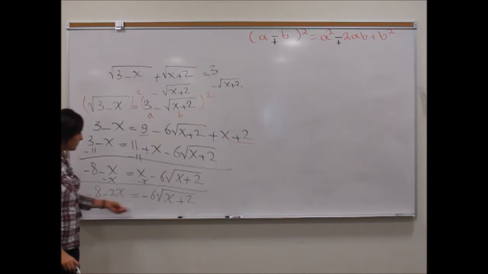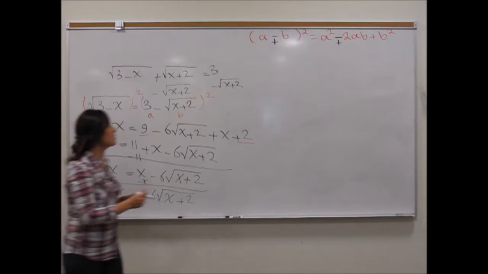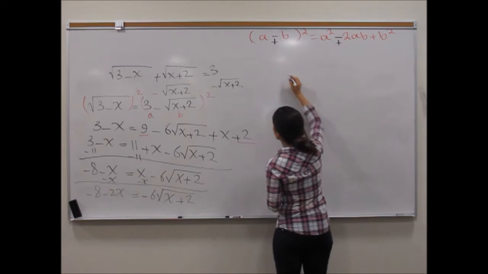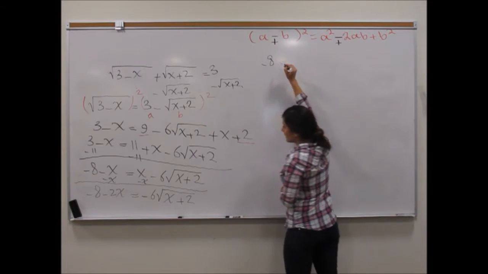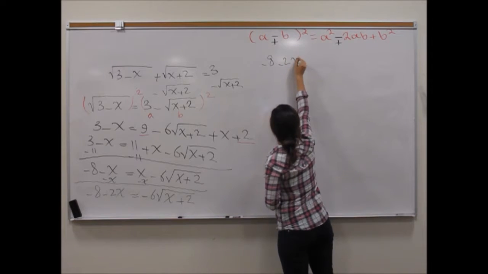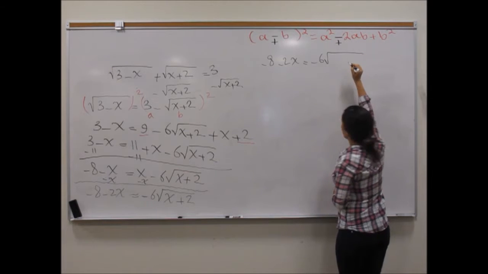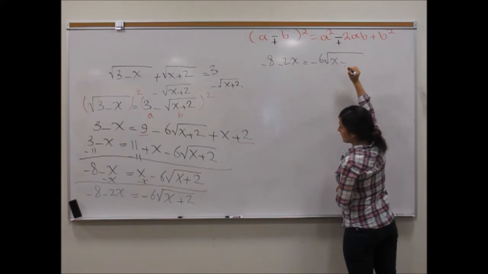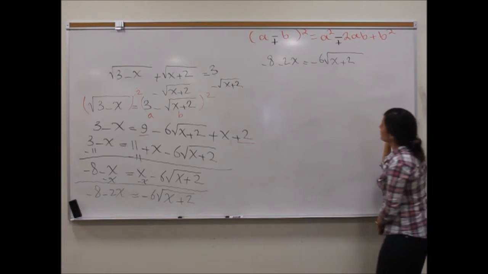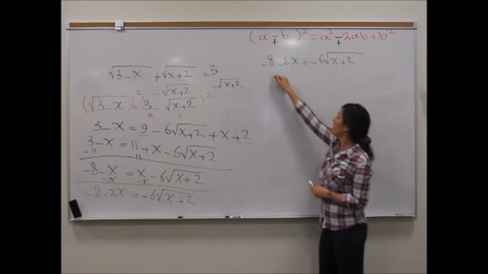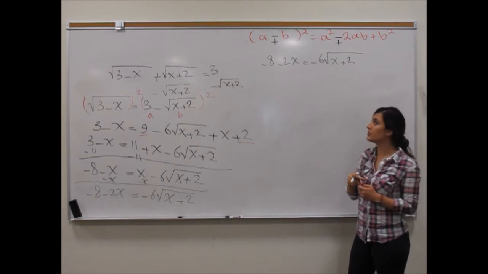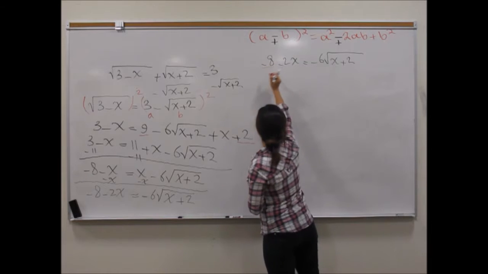I'm going to divide everything by a 2 now. Let me actually write that here. So I have negative 8 minus 2x equals negative 6 radical x plus 2. There's a common factor of 2 in each of them, so I'm going to divide everything by negative 2.